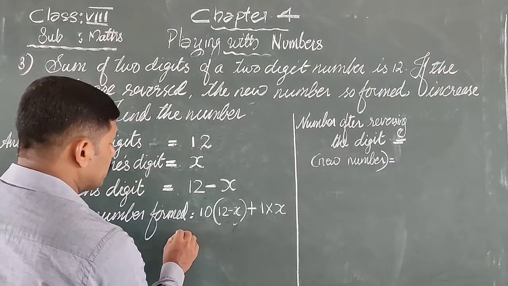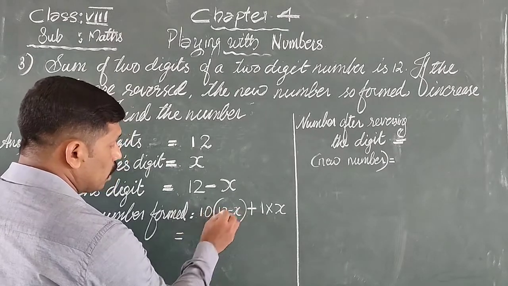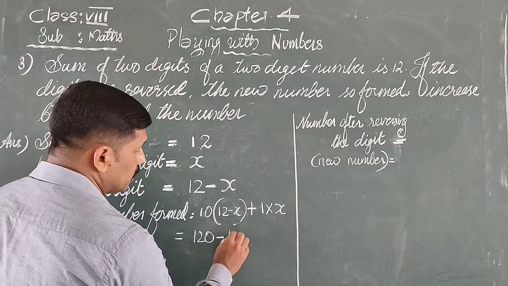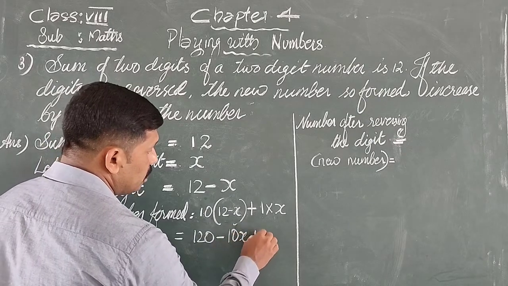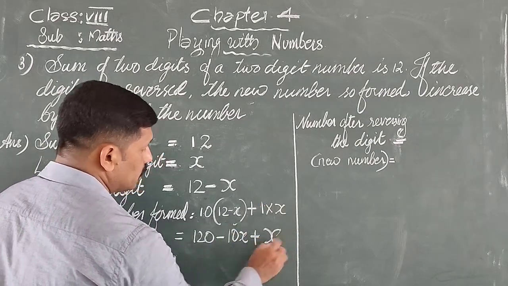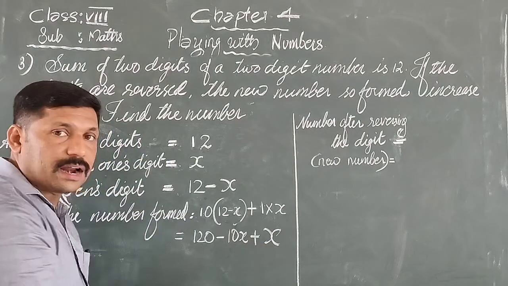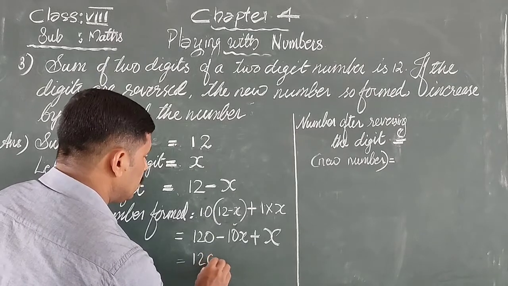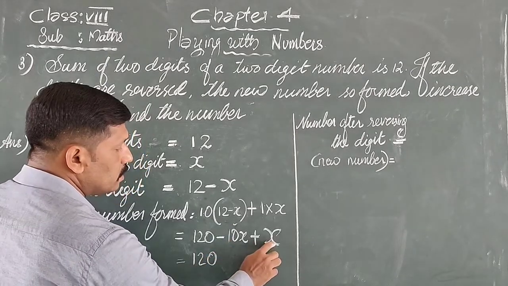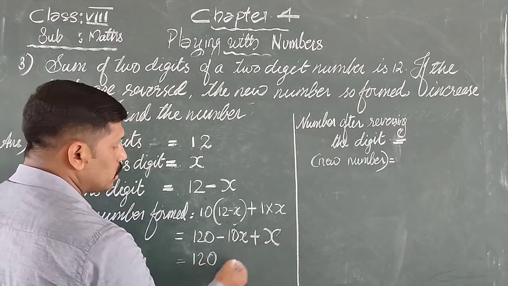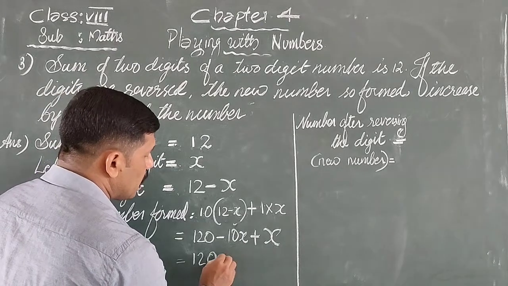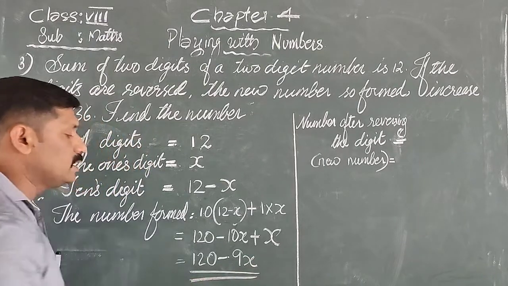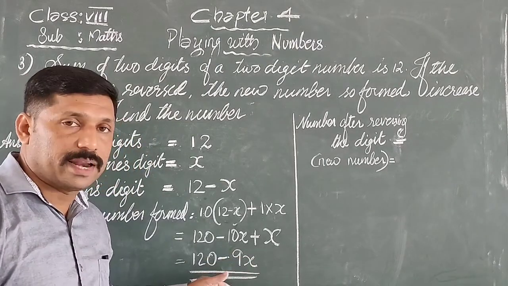After multiplication, 10 into 12 is 120, minus 10 into x is 10x, plus 1 into x is x. 10x and 1x are like terms, so we can combine them: negative 10x plus 1x, one is negative and another positive, therefore we subtract and get 9x. So the number is 120 minus 9x.